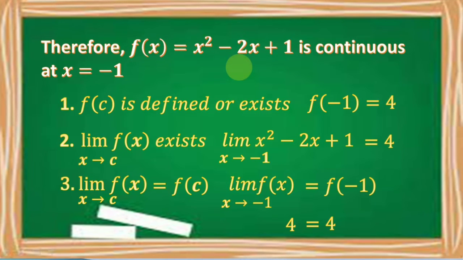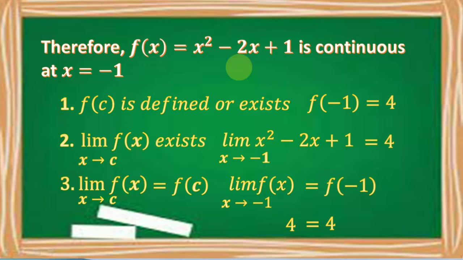Therefore, f of x equals x squared minus 2x plus 1 is continuous at x equals -1 because, number 1, f of c is defined or exists as f of -1 equals 4. And number 2, the limit of f of x as x approaches c also exists, as the limit of x squared minus 2x plus 1 as x approaches -1 equals 4.